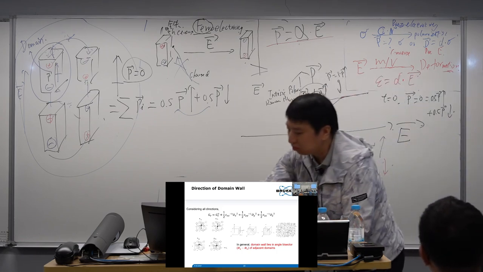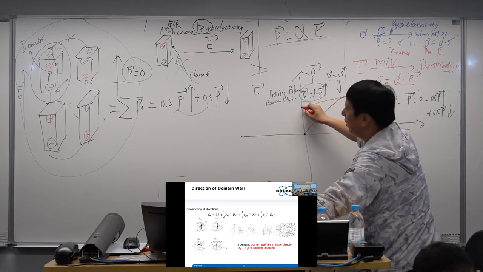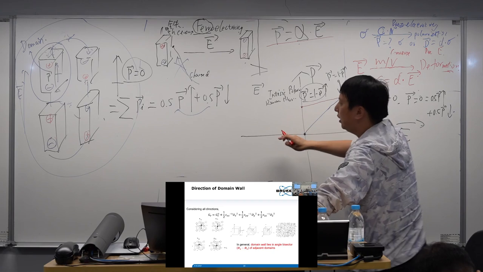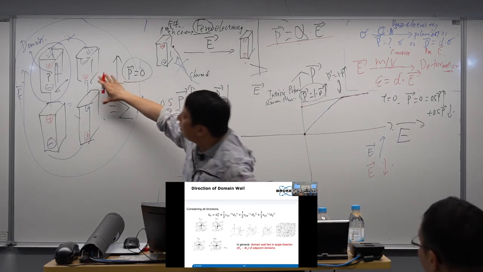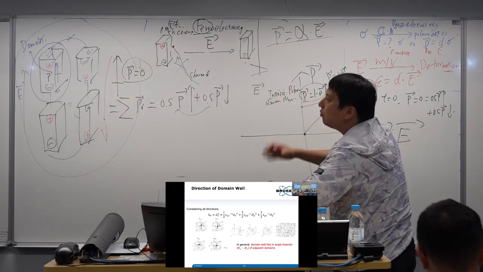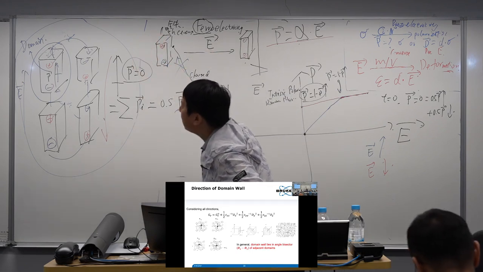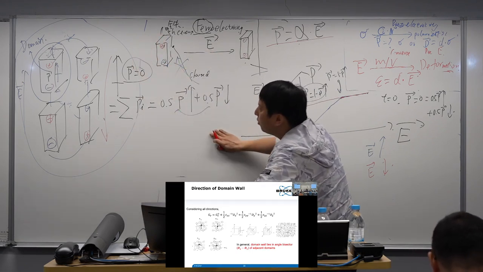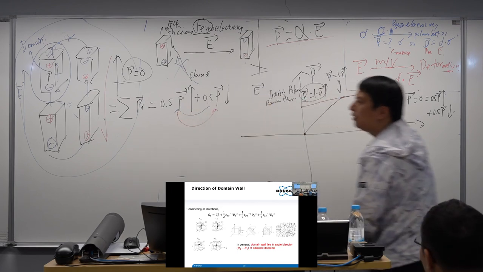Okay, so keep going. We will reduce the electric field continuously, but after this point, we change the electric field to this way. So we will apply a negative direction electric field. We will change this facing up to facing down.